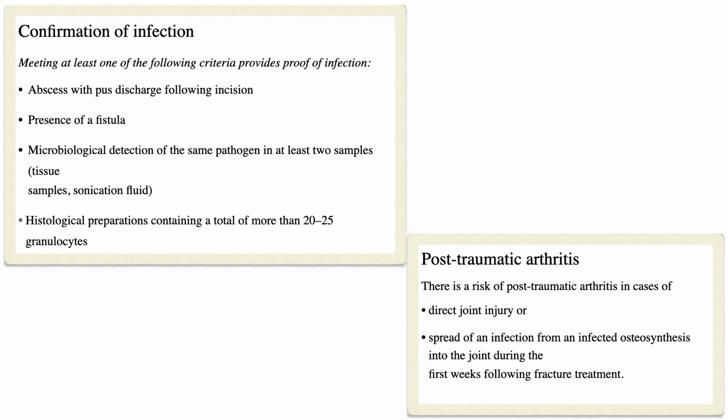In the next lecture, we'll be discussing the early first presentation of infected osteosynthesis, clinical symptoms and diagnostic procedures, and indications for active treatment, surgical treatment used with bone transplants, plastic defect closure, prognosis and complications, and delayed first presentation. All this we'll be talking about further in the next lectures on infections and tumors of the musculoskeletal system.